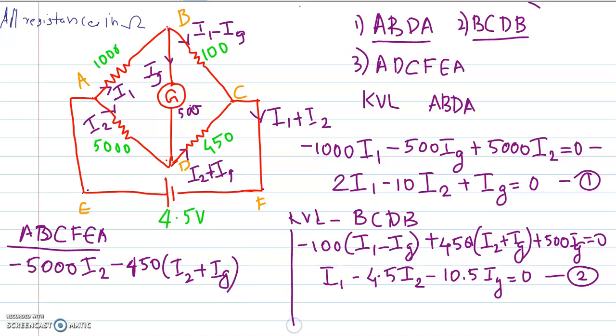Then from C to A, I am moving from the minus terminal to the plus terminal of the voltage, so it is plus 4.5 equal to 0.